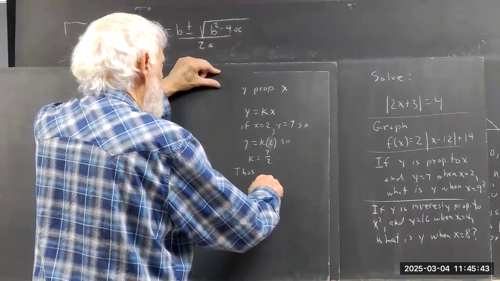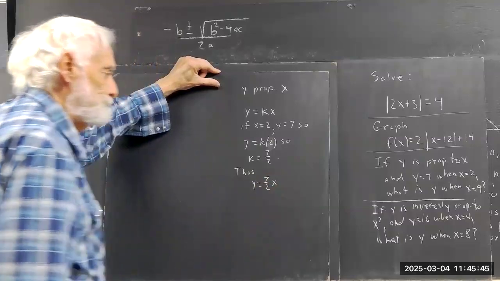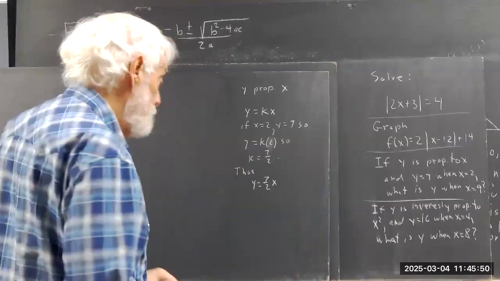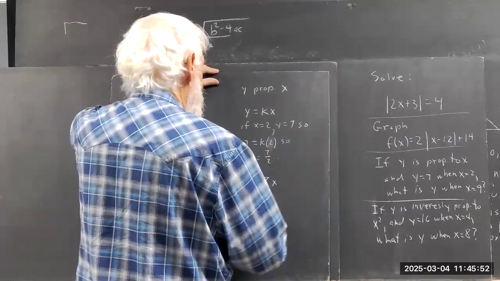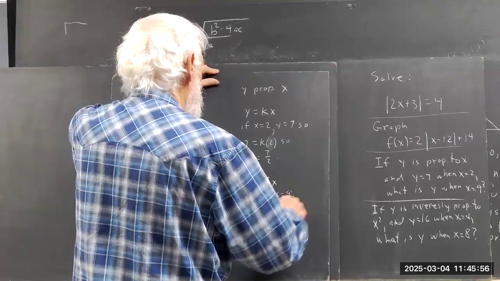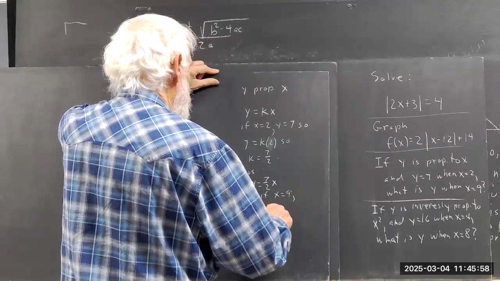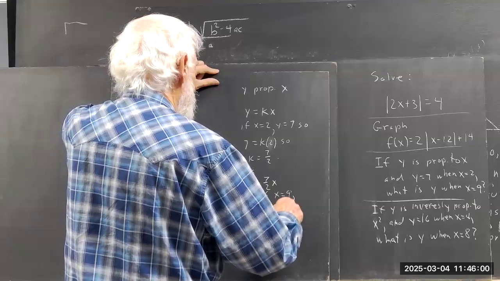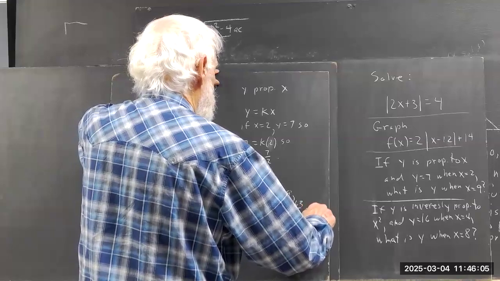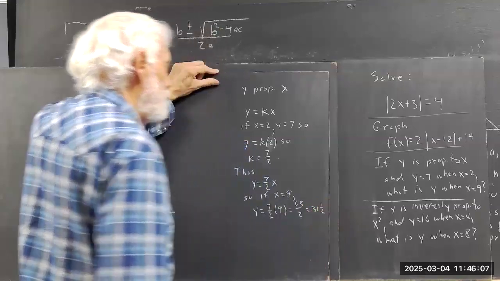Thus, y equals 7 halves of x, as long as this proportionality is in effect. So if x equals 9, y equals 7 halves of 9, which is 63 over 2, which is 31 and a half.